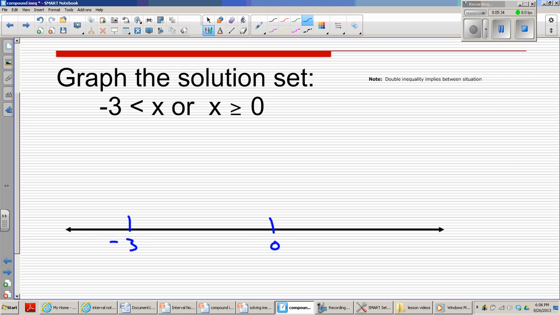That's not in the form variable, symbol, value, so we need to switch around and then I need to switch my symbol. So we want an open circle at negative 3. My symbol's pointing right.